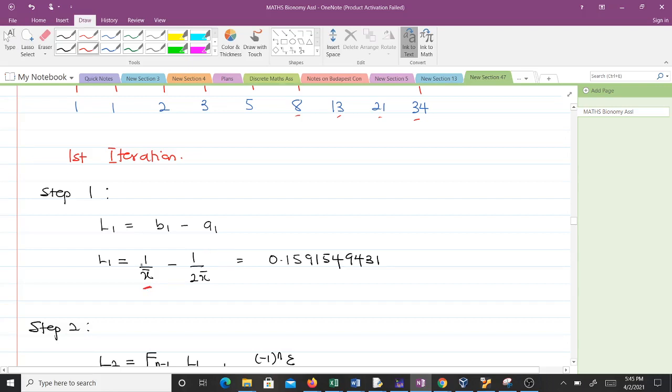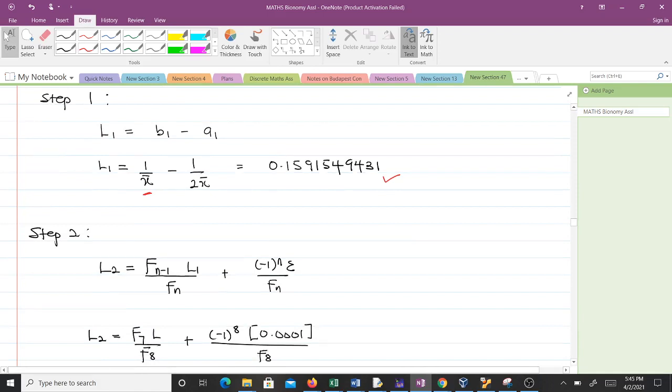So 1 over pi minus 1 over 2 pi will give you what you can see there, and that happens to be L1. So in step 2, we compute L2 using this formula. In the question, our n was 8. That means n minus 1 will be 7.